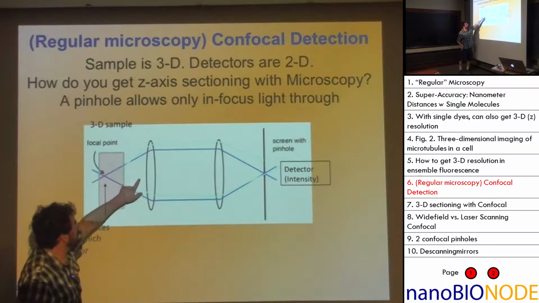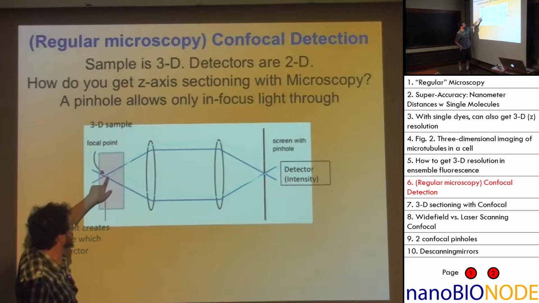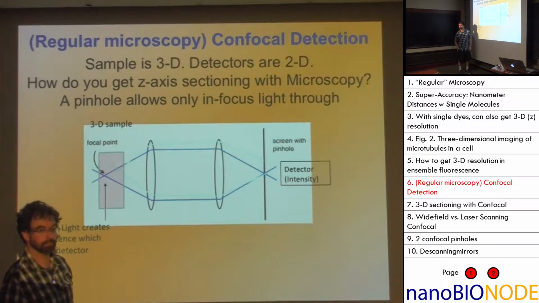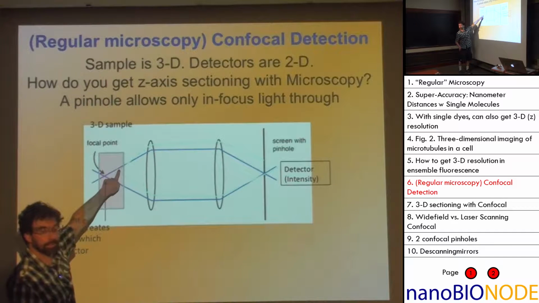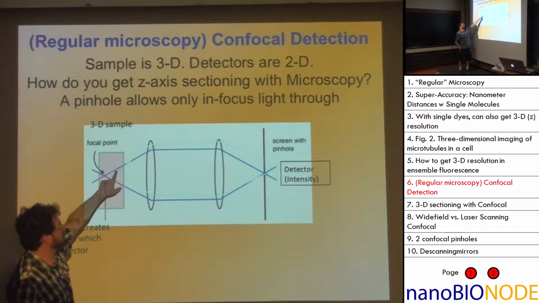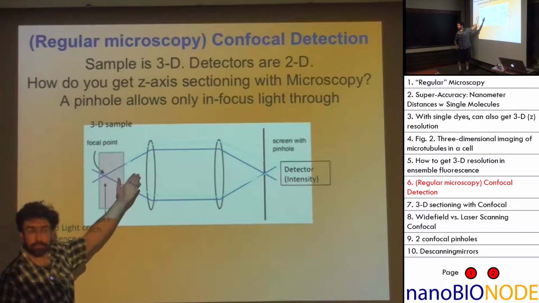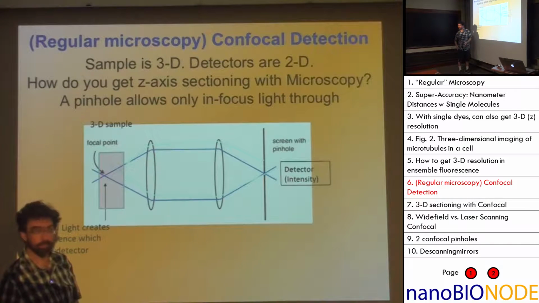But what about over here, or over here, or over here? So, for example, let's just take this point over here. This point is being excited by the light, and therefore it's also fluorescent.